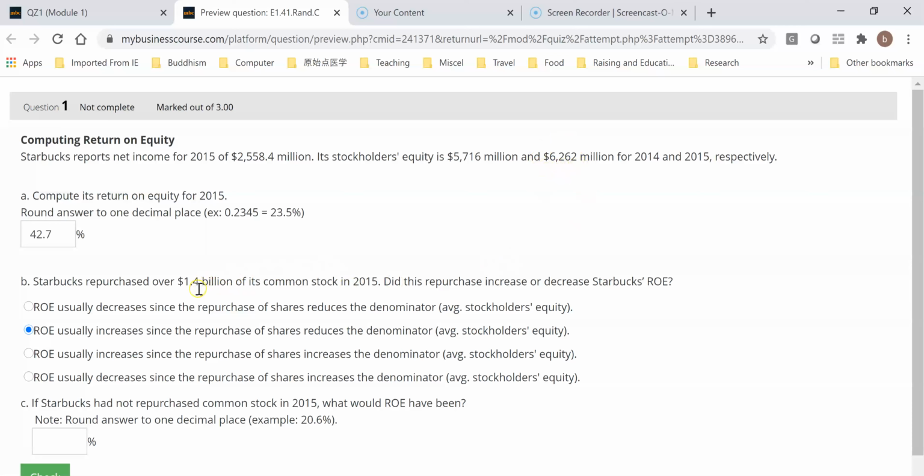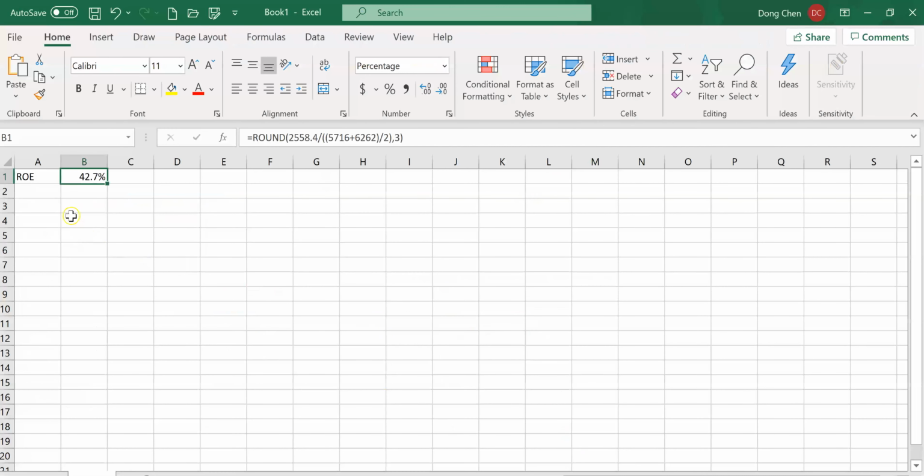So we just need to add this 1.4 billion to this 6,262, and that's the new stockholders' equity for 2015. And then we take the new average of this stockholders' equity for these 2 years and recalculate the ROE.